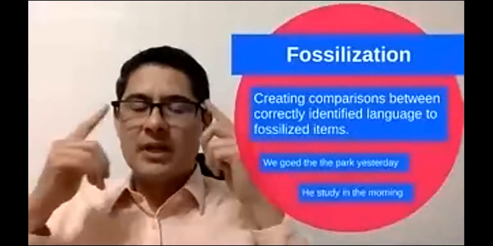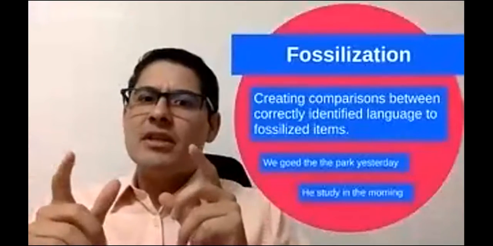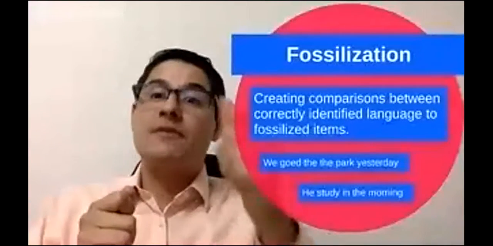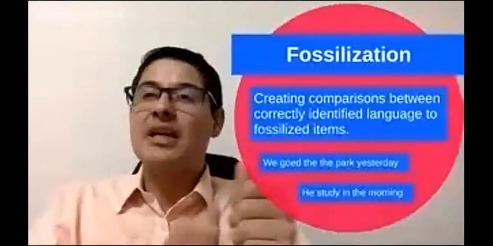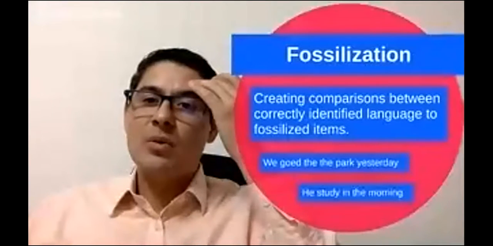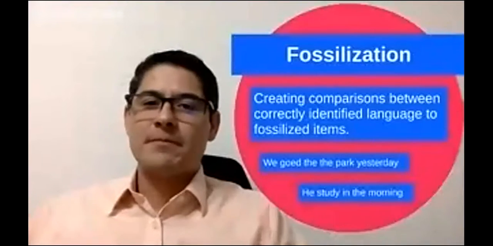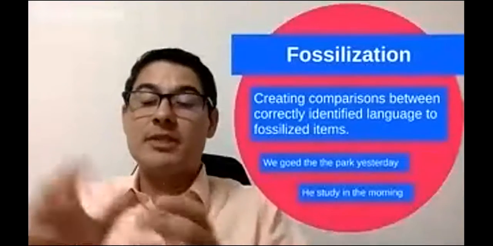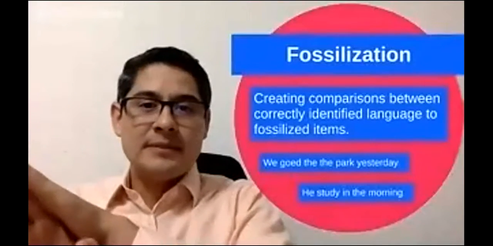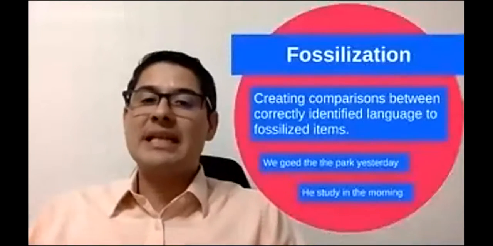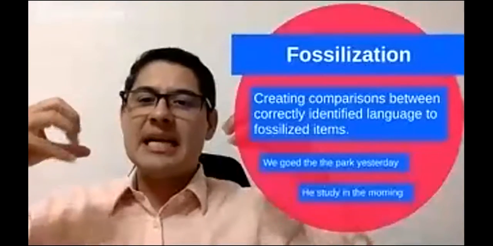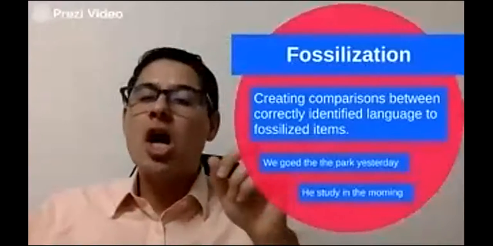It's irregular. So maybe you can compare other verbs that are regular and irregular, and so the student can come to the conclusion, oh wait, go is irregular. And this comparison from something correct that they are using to something that they're not using so well is the way that they are able to internalize and have this part of their long-term memory.